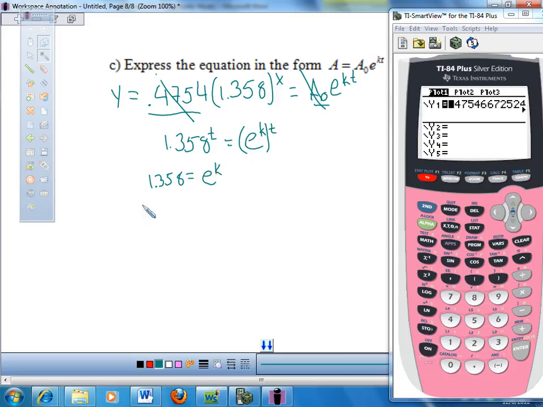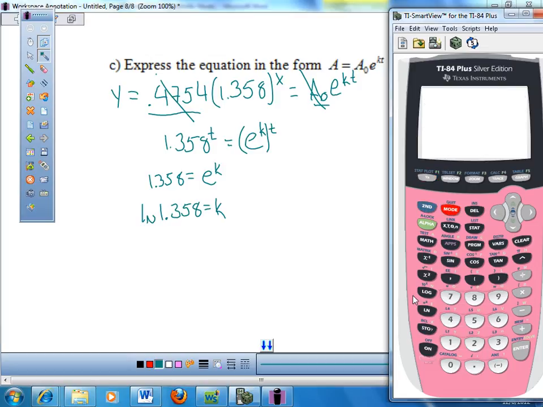So by taking the natural log of 1.358, I can find out what k is. See that? I can actually calculate that. Natural log of 1.358, and I get about 0.306.